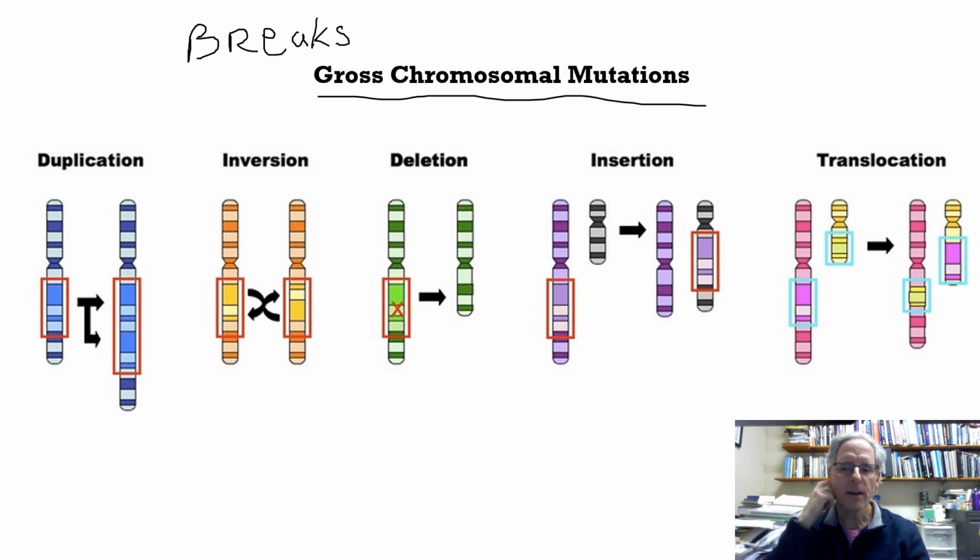Certain chemicals can cause breaks in DNA. There's an entire group of anti-cancer drugs that are used largely for leukemias and lymphomas called anthracyclines. Bleomycin is an anthracycline. It's also used for testicular cancer and other types of cancers. Those can cause breaks in DNA as well.